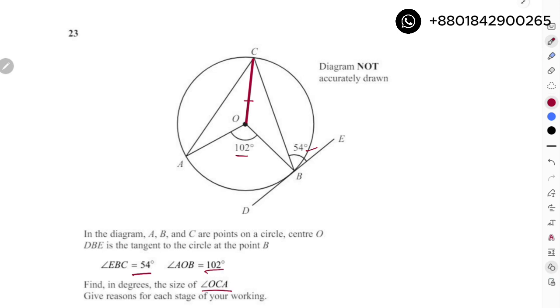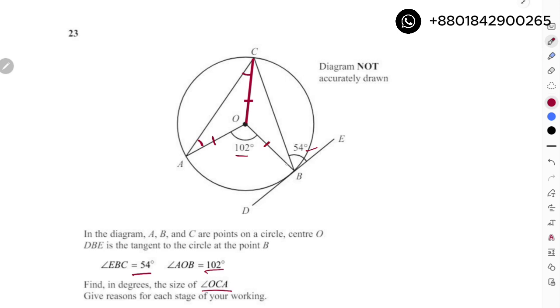One thing to understand, obviously OC and OA are radii. That means obviously that those angles will be equal, right? Whatever angle is created at this point is equal to the angle at this point. Okay, in this case, first thing to understand is that OB is also a radius, right?